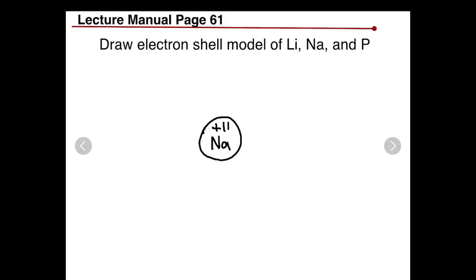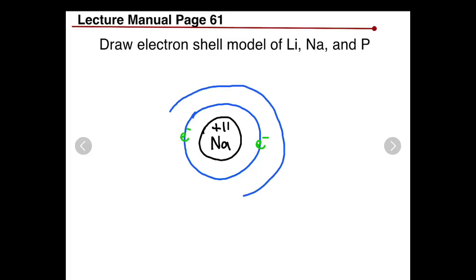Okay, so we already analyzed that the first layer of sodium contains 2 electrons, so I'm going to draw 1, 2. The second layer contains 8 electrons, so let me use a different color.